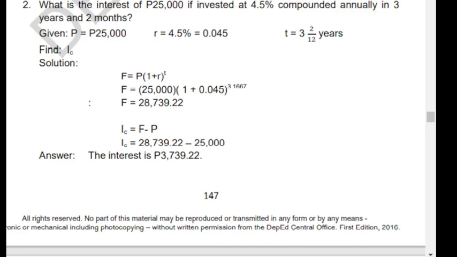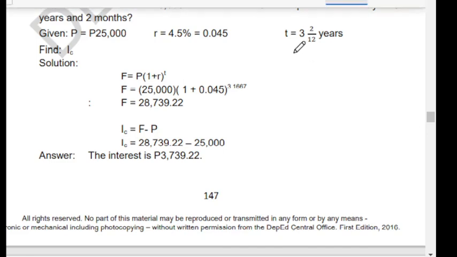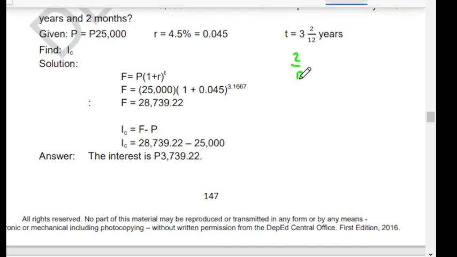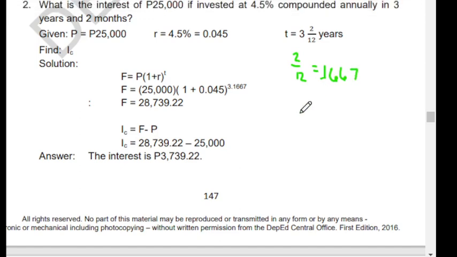That is wrong. 2 over 12 is equivalent to 0.1667. So what you will do is add it to 3, so 3.1667.